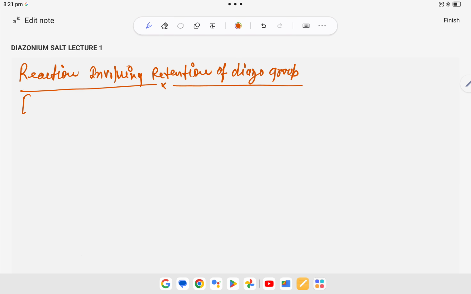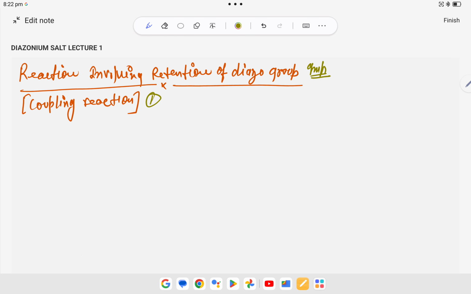These reactions are also called coupling reactions. This is a very important part of this chapter, children, coupling reactions. They will ask questions directly from that.